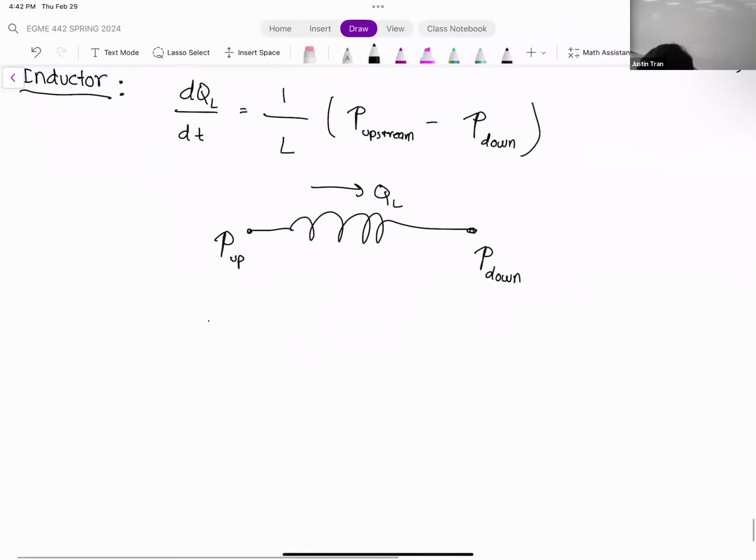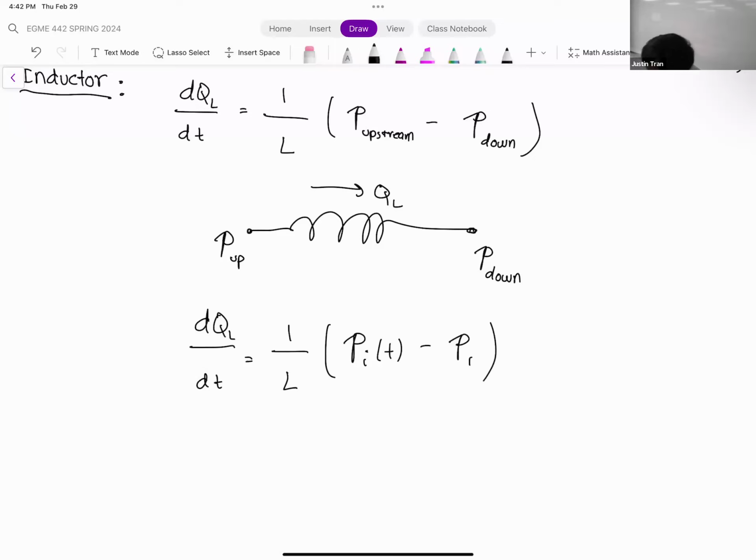Okay. So we know that dQL dt is equal to 1 divided by L, Pi of t minus P1. Okay. If you wanted to at this point, you could plug in for Pi of t, since we know the expression for that, right?